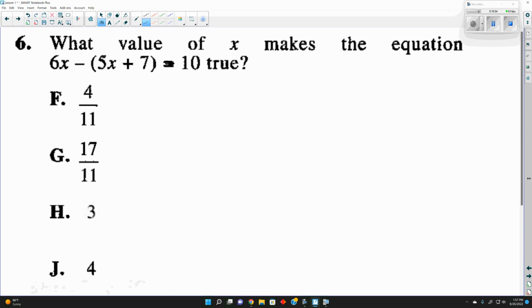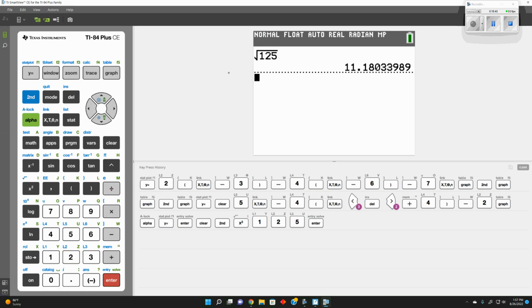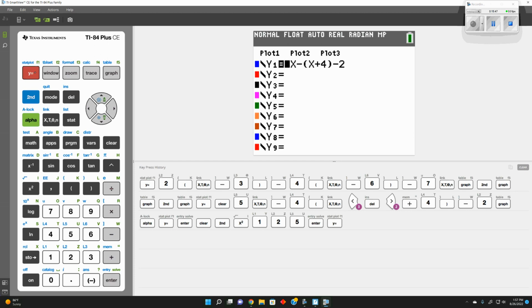So really we're just saying that we have minus 10 is equal to 0. So over here, we're going to hit y equals first to graph. You can hit clear if you want on that, and we can say 6x minus, someone's going to have to help me out because that's all I remember.